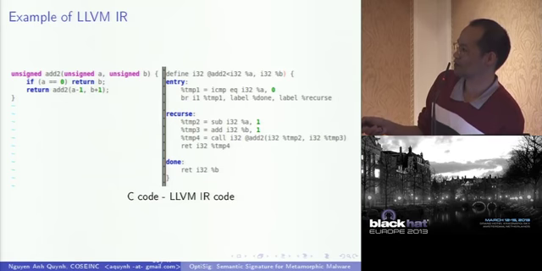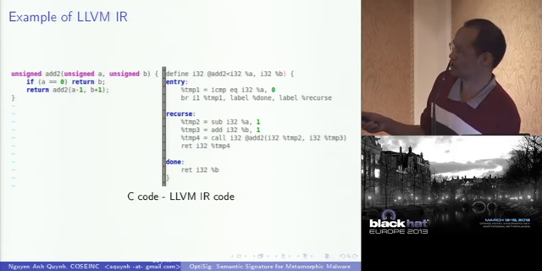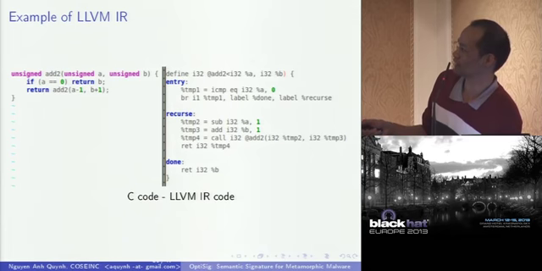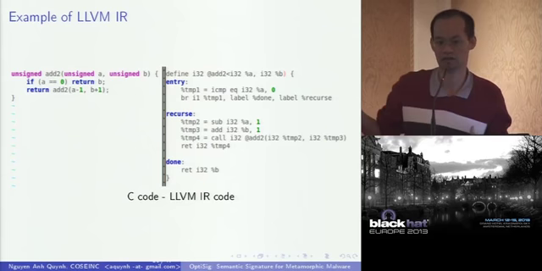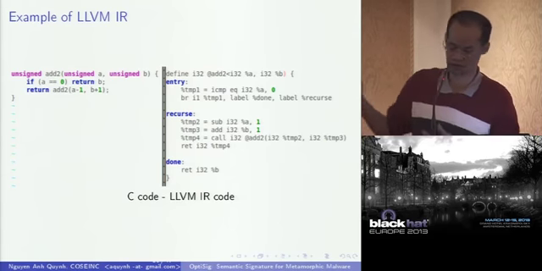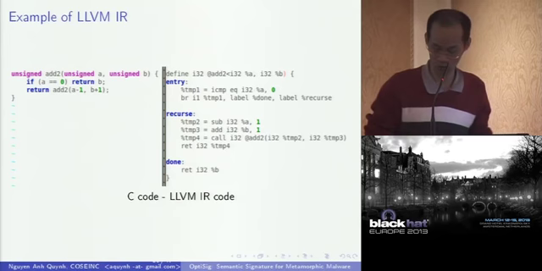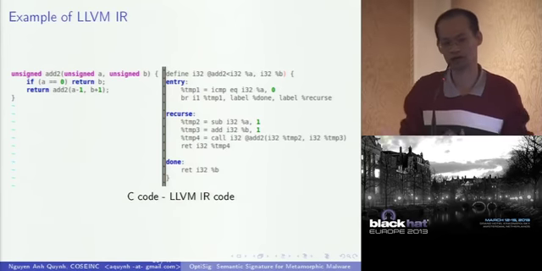On the left side we compare if A is 0, we return B, and on the right side we have the LLVM instructions. Here we compare A to 0, and is it equal or not? If it's equal, we jump to done here. If it's not equal, we jump to the recursive block here. And you can see that's the LLVM IR code. It looks quite simple, right?